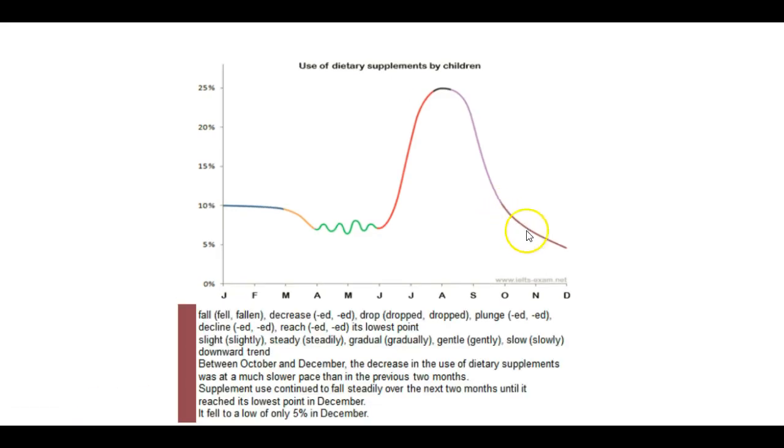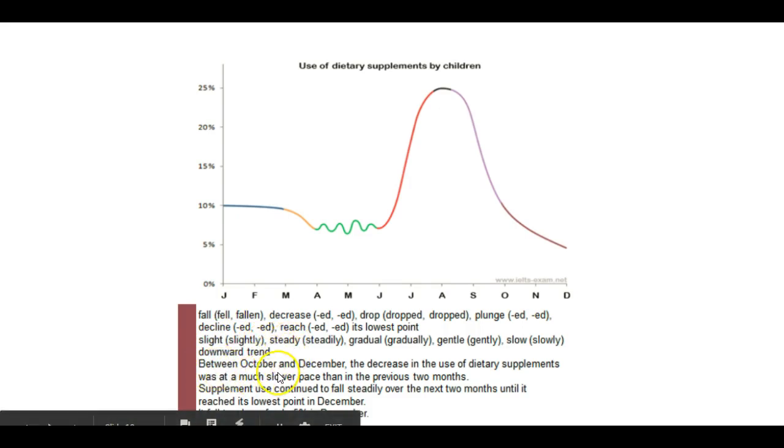The last change shown here is also a decrease, but it's a little bit different than this one, because this one is a sharp, significant, huge, dramatic decrease, but this one we can call a slight, steady, gradual, gentle, slow decrease, or a downward trend. To express the sentence, you can use these words to describe the change, and you can use these words as adjectives or adverbs to describe the type of change.